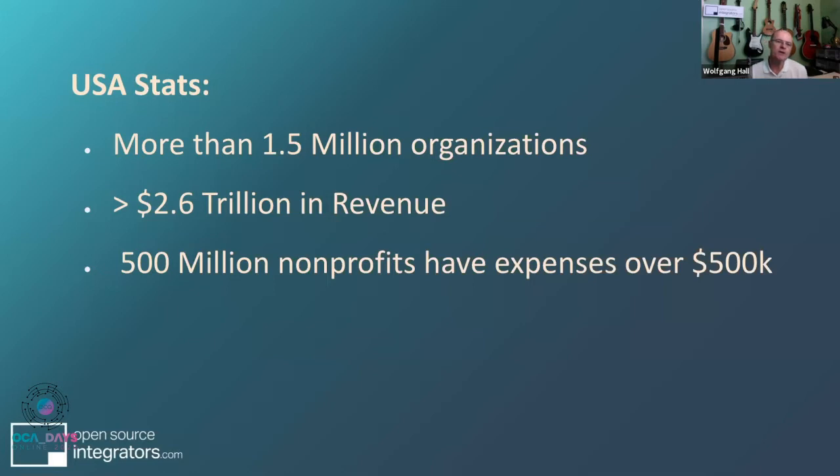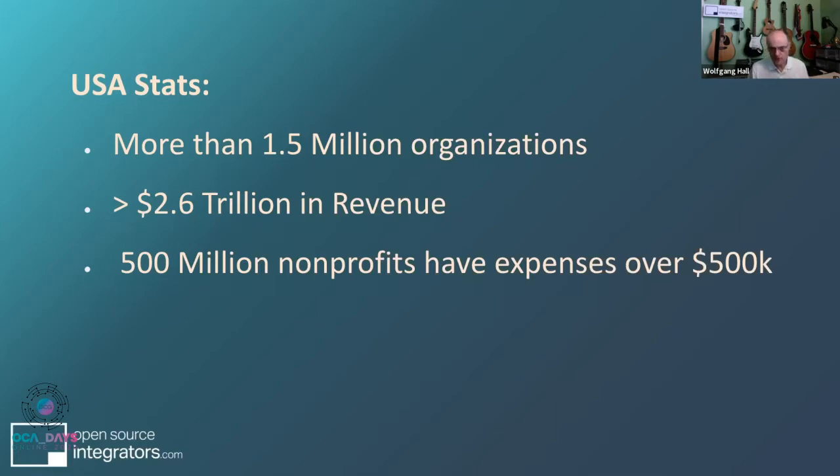And when I look at these numbers here, 2.6 trillion in revenue just in the United States. That is a big chunk of organizations that have to manage a lot of things. And 500 million nonprofits have expenses over $500,000. So they're good-sized organizations, or they're starting to have to worry about really managing a business.